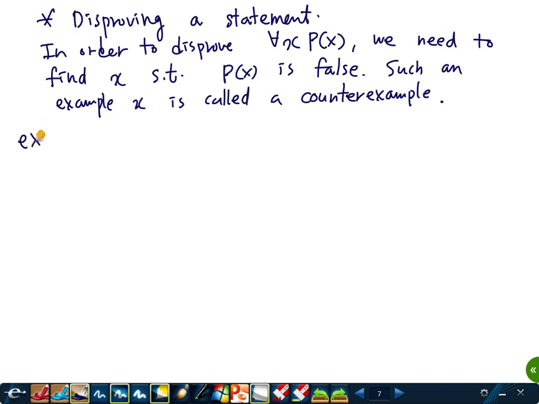So for example: for all n in the positive integers, 2 to the n plus 1 is prime. So this is a statement of this form: for all x, p of x. For all n in positive integers, 2 to the n plus 1 is prime. Is this true or not?